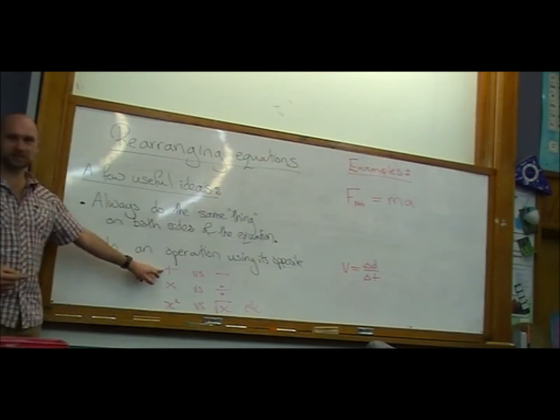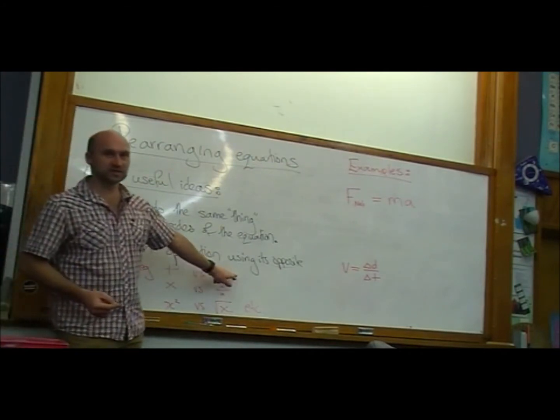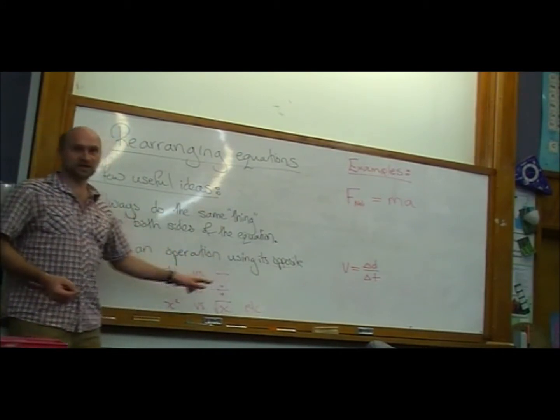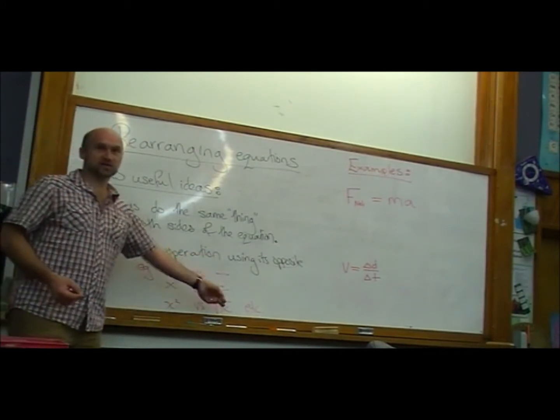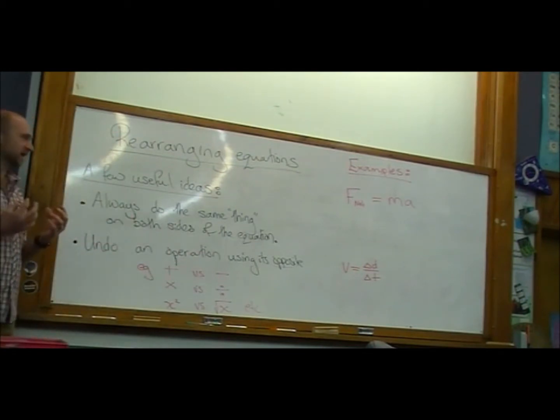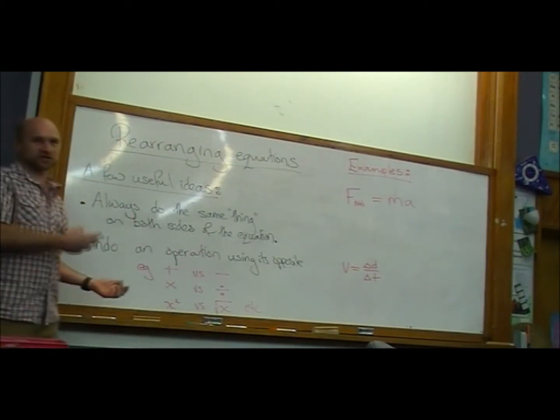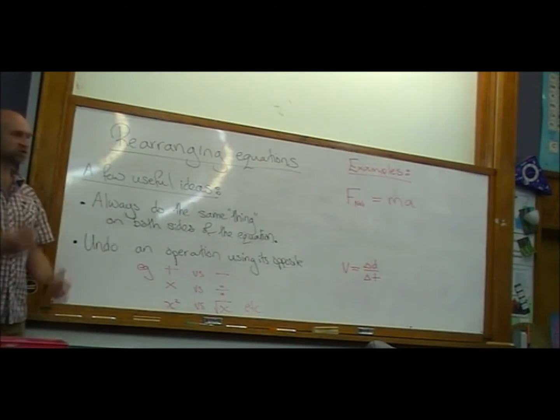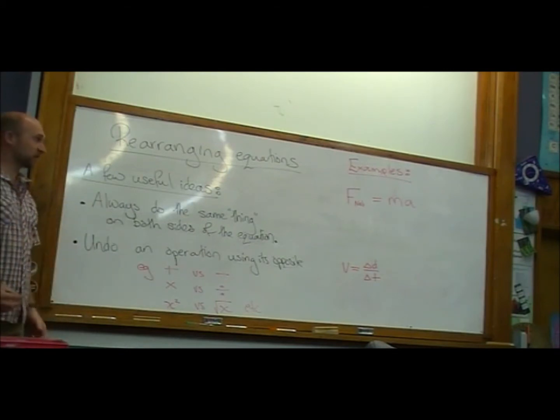The opposite to plus is minus, and the opposite to minus is plus. Times versus divide, and squared versus square root. If we think about it like that, we can use those to undo things and redo things on our equations to change them around to make them equal to what we want.